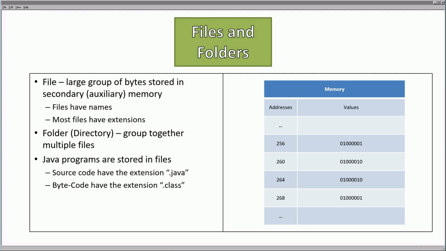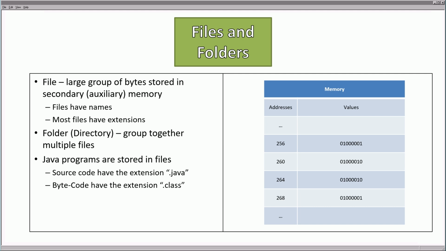Going further with these concepts, a file is a large group of bytes that's stored into auxiliary memory, your hard drives. Now, for files, we understand that files have names, and most files have extensions. These usually indicate the type of file. We usually group together collections of files into what's called a folder or a directory.